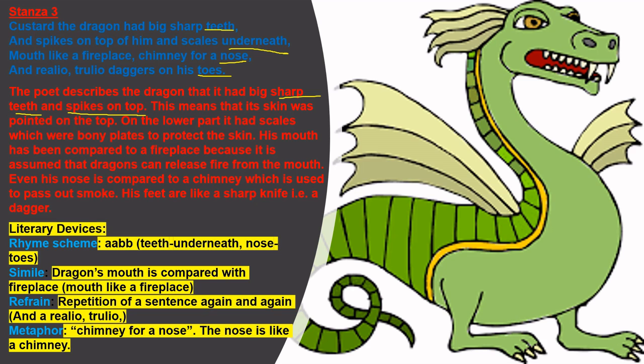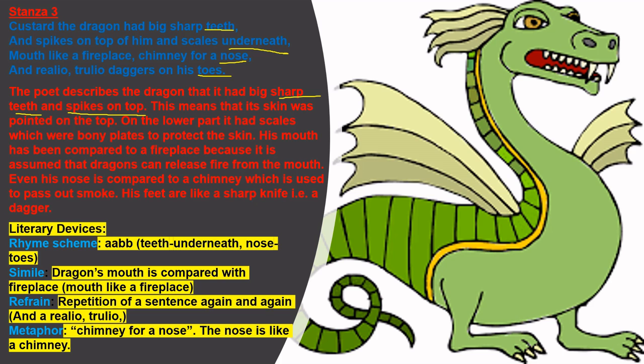Refrain is the repetition of a line again and again. "And really truly," as we have seen in the first stanza also this line was there, and in this stanza also you find "and really truly daggers on his toes." So this is known as refrain. Then you have metaphor. Metaphor is again a comparison. "Chimney for a nose": the nose is compared to a chimney. Metaphor is not a direct comparison, but an indirect comparison.